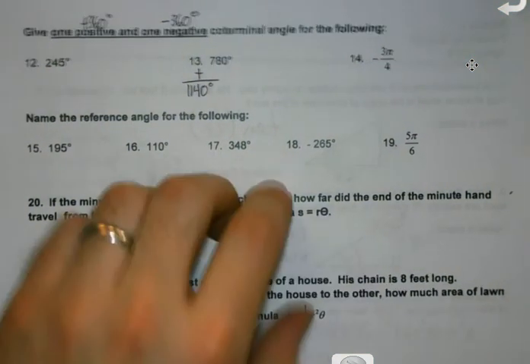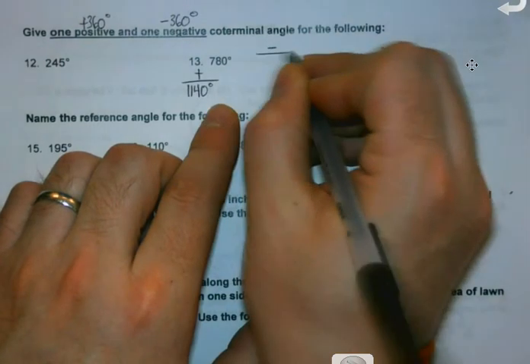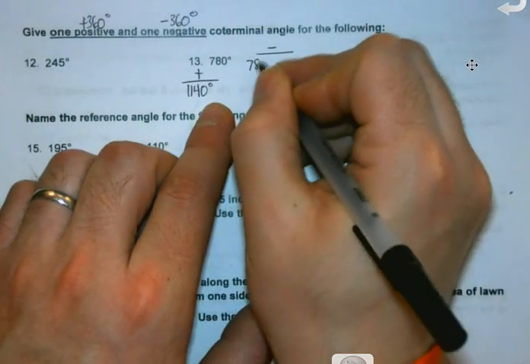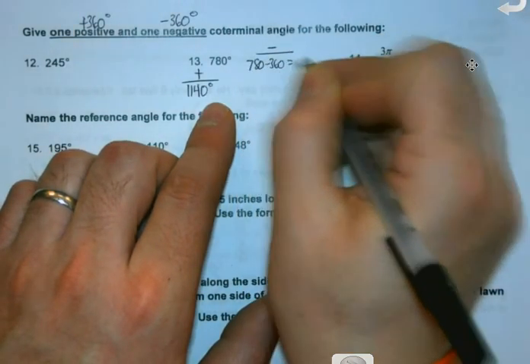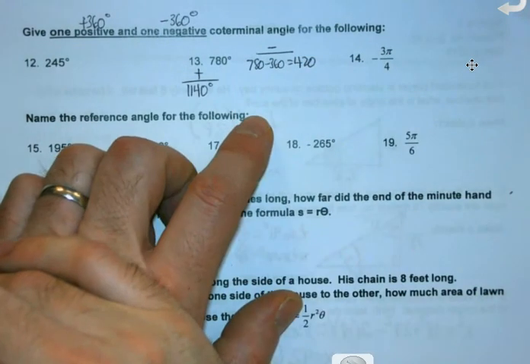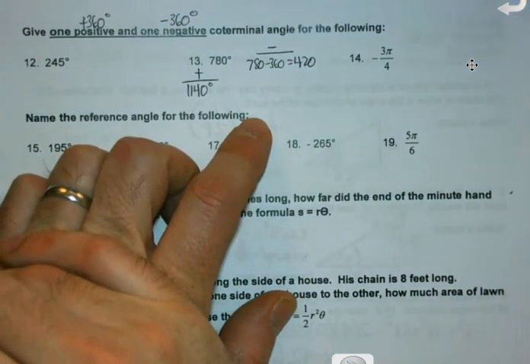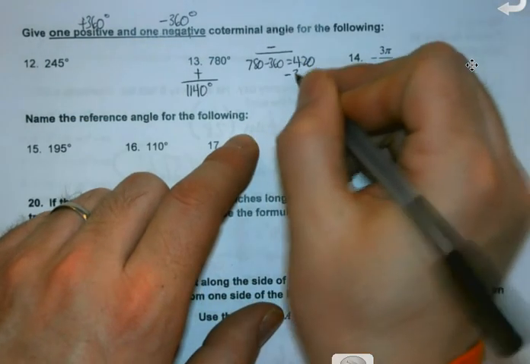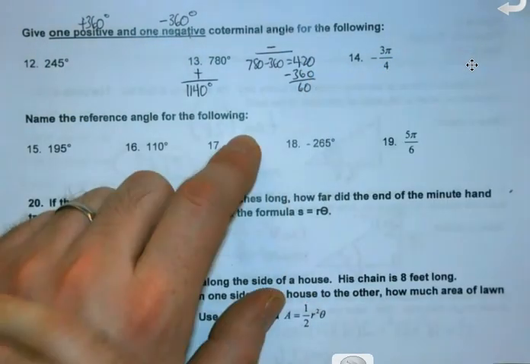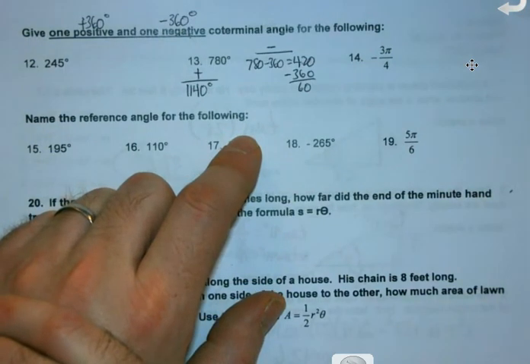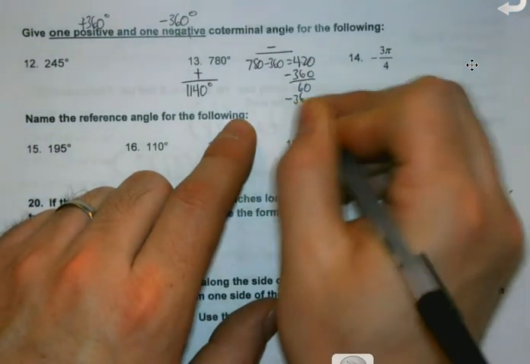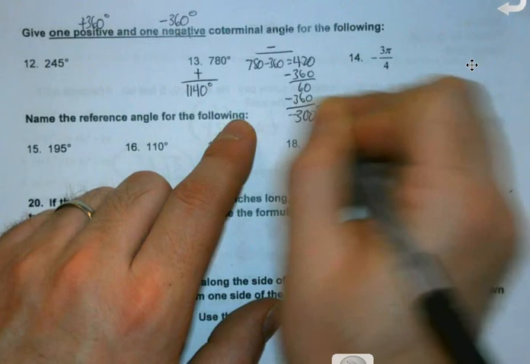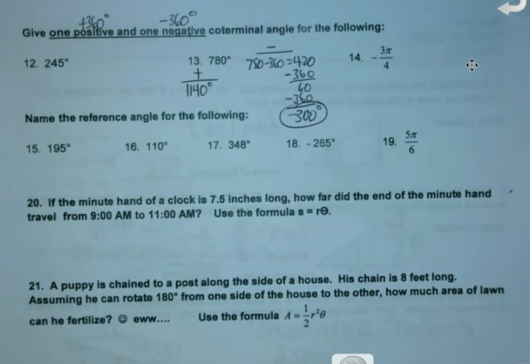But when you get to negative, now here's where you've got to think a little bit. 780 minus 360 is 420. If you circle that as your answer, because again, it's a negative coterminal angle, that's not negative. So I'll subtract 360 again. 60. Can I circle it? No. It's not negative yet. Minus 360. Negative 300. Now I'm ready to circle it. So one has to be positive, one has to be negative, even if you have to repeat the process more than once.